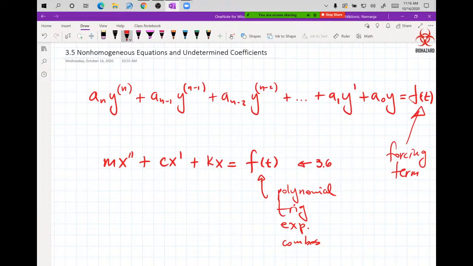Now, I love the way they worded something in the book. I always laugh when I read it because they say, when the given function f of x, or our f of t, is sufficiently simple, we can make an intelligent guess to the general form.